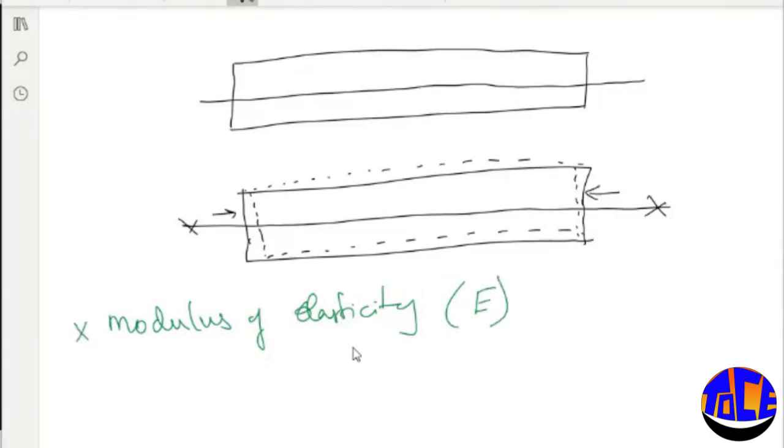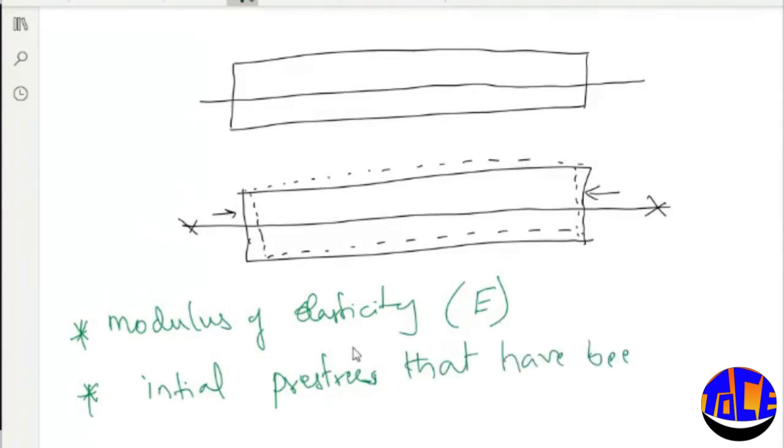It depends on the modulus of elasticity and the initial pre-stress that has been transmitted. So it depends on the modulus of elasticity of concrete and steel and the pre-stress that has been transferred to the member. Okay.